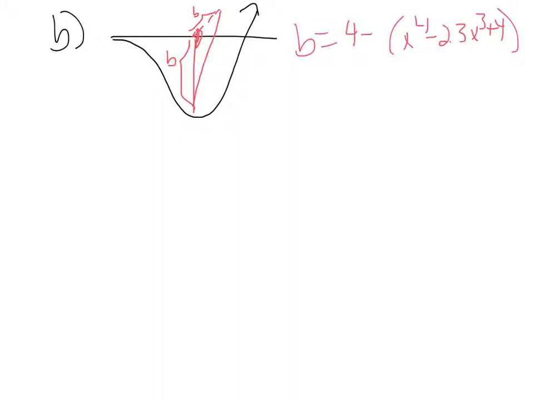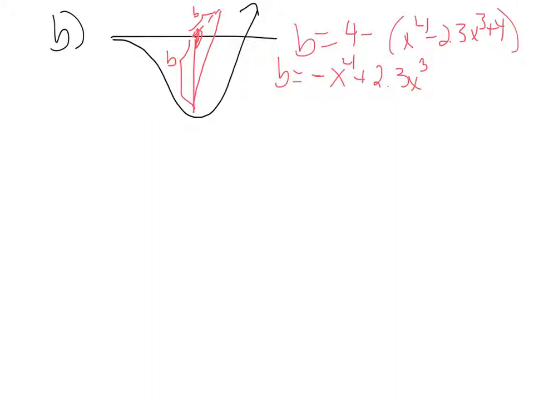And if you rewrite that so you put it correctly into your calculator, that'll be negative x to the 4th plus 2.3 x cubed. And that's it, because the 4's will cancel.